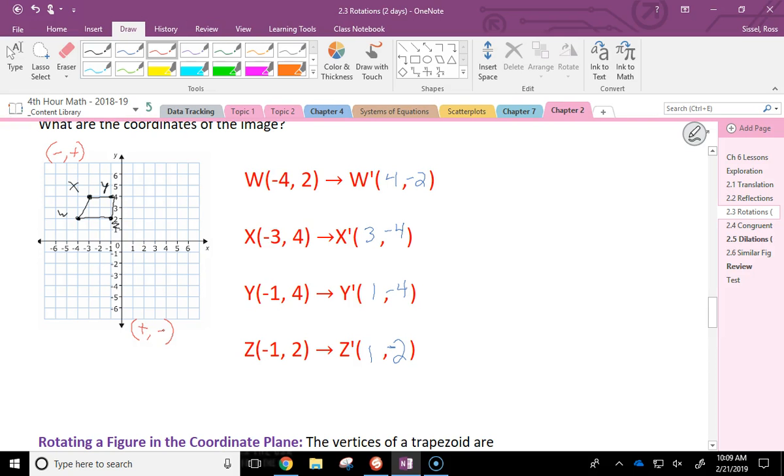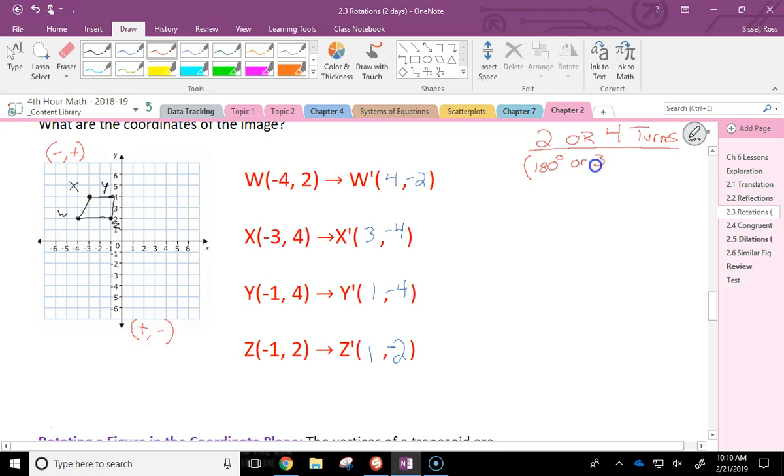First thing, if I did 2 turns, this is going to be important. If you do 2 turns or if you do 4 turns, I'm going to write this down. 2 or 4 turns, which is 180 degrees or 360 degrees, X and Y become X and Y. You don't change the order.